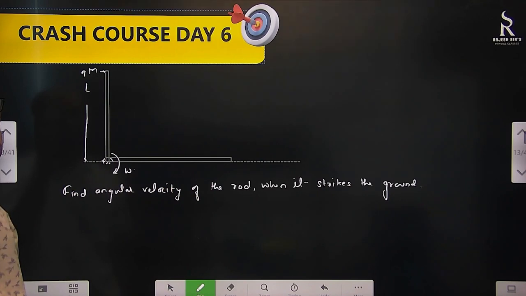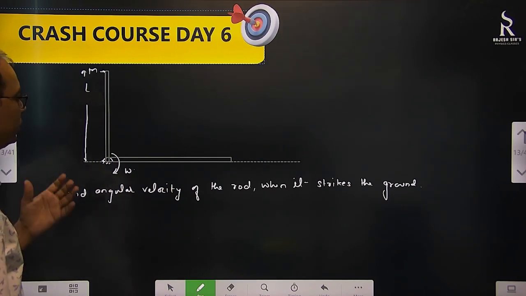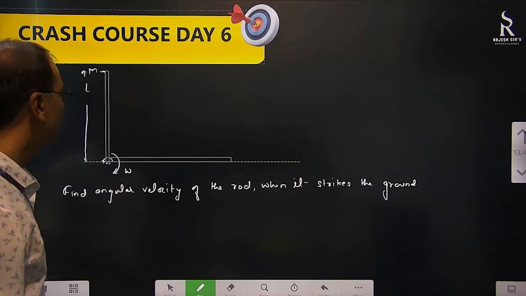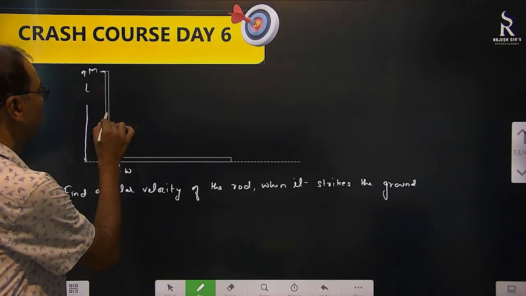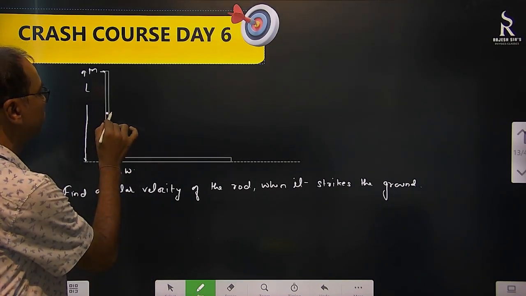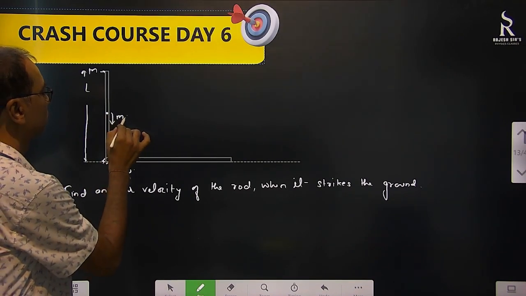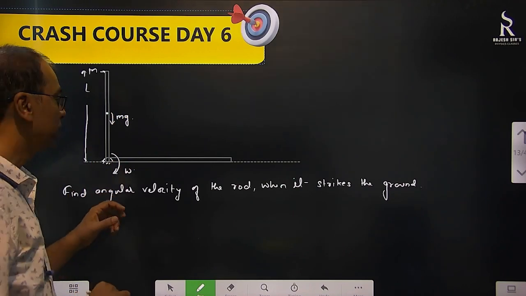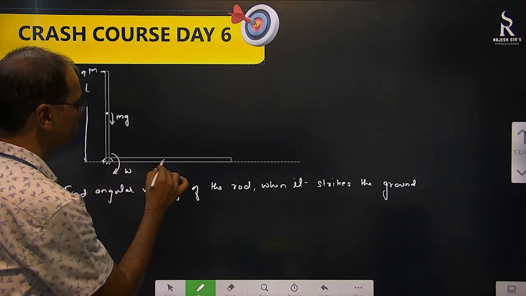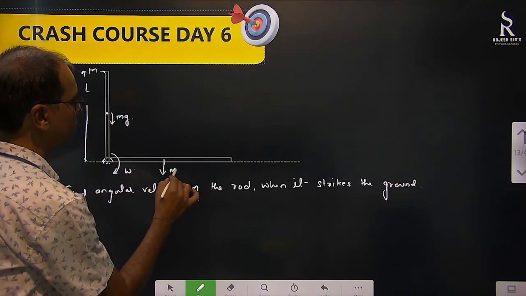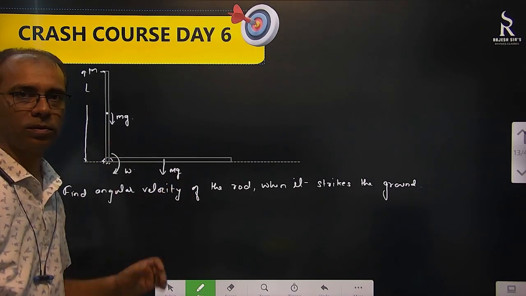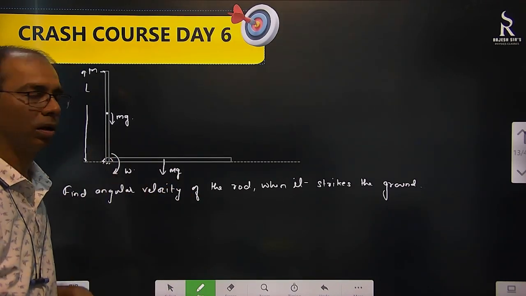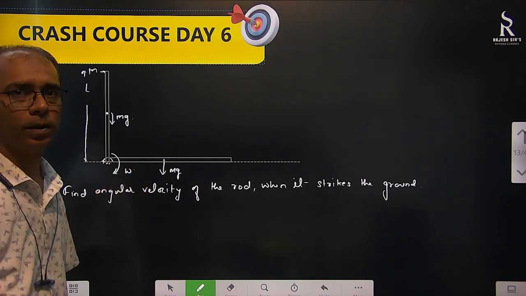Fine. How are we going to solve it? Work energy theorem. Which force is working here? Gravitation force is working, because mg is acting here. The center of mass has come down, the object has been displaced, so gravitation force has worked.